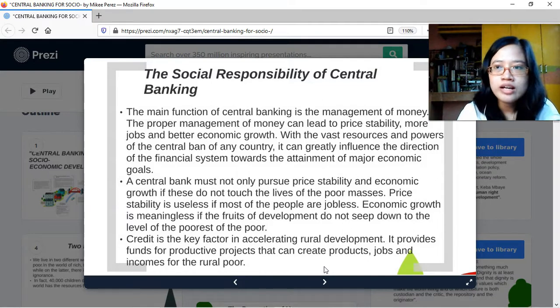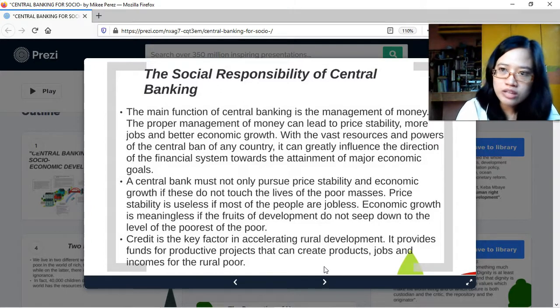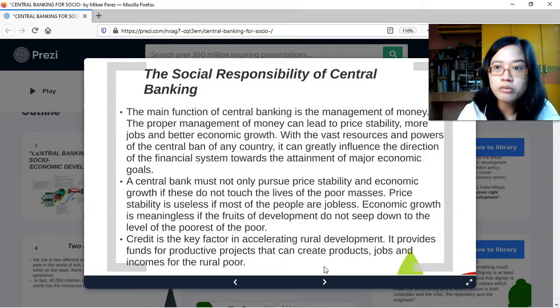And so, instead of helping them, sometimes these people get deeper into debt instead of being able to afford their houses. And since there's a possibility that they cannot pay off the total amount of the loan, then the house could be foreclosed or forfeited, right?